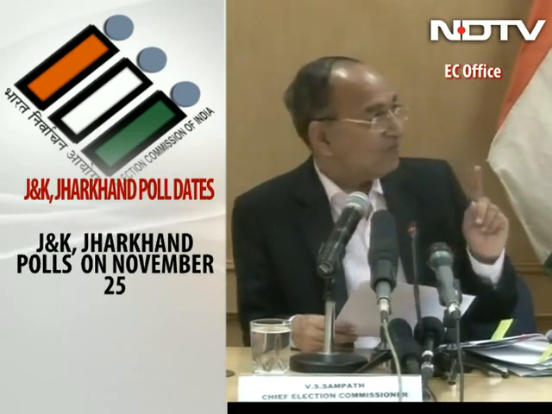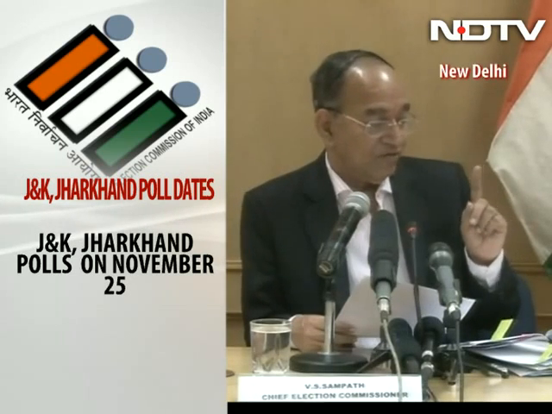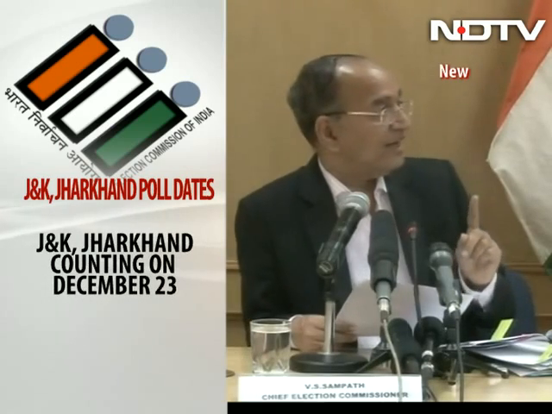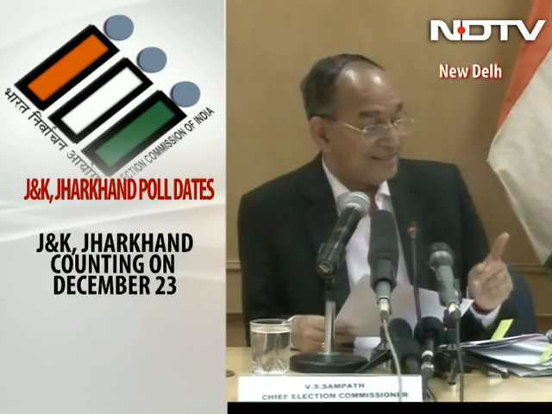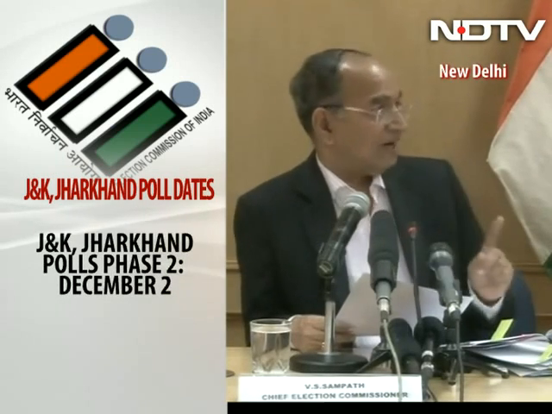Election for both the states will be in 5 phases. It is a common schedule for both the states except for one date, which is first phase, date of notification. For that, Jammu and Kashmir is 28th October, while for Jharkhand it is 29th October.